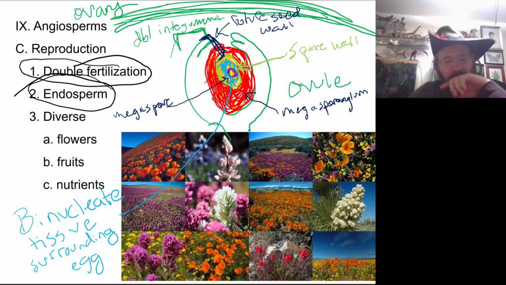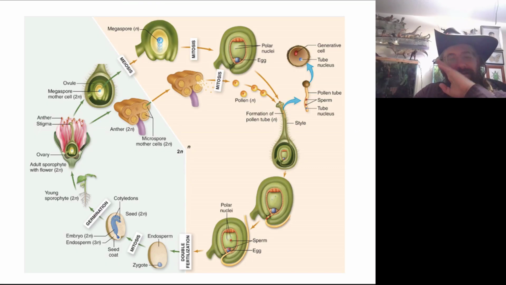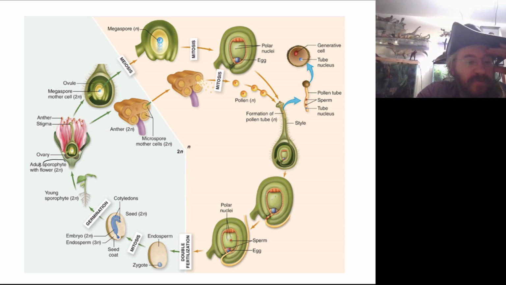Okay. Next life cycle, which is going to appear on an exam. Okay, this is the angiosperm life cycle. And again, we have sporophytes. We have sporangium and spores, right?